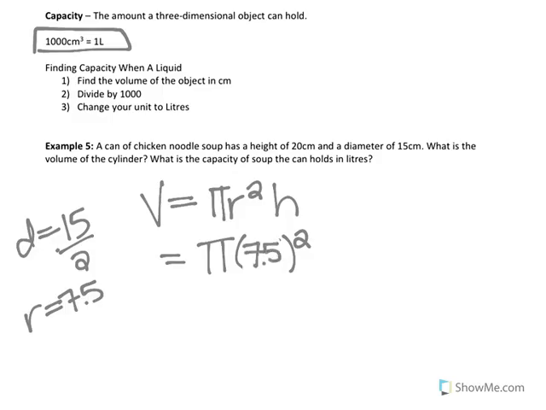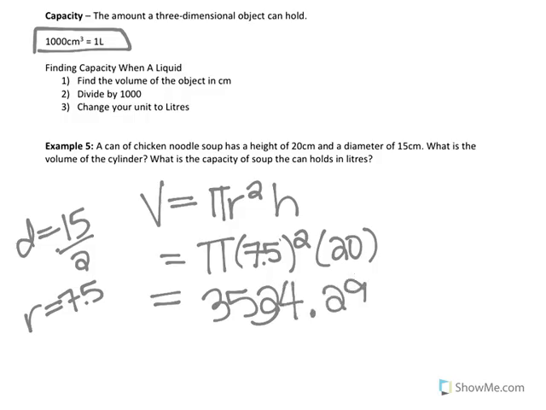So we have pi times 7.5 squared times the height, which is 20, and we get 3,534.29 centimeters cubed.